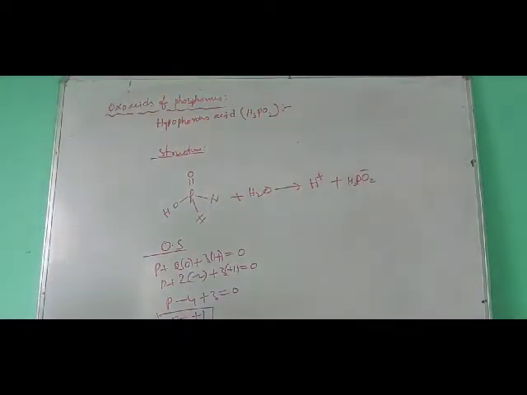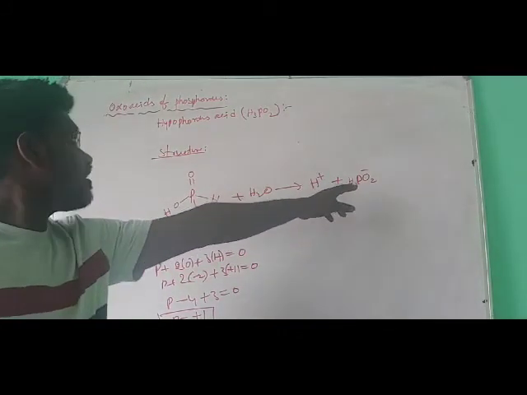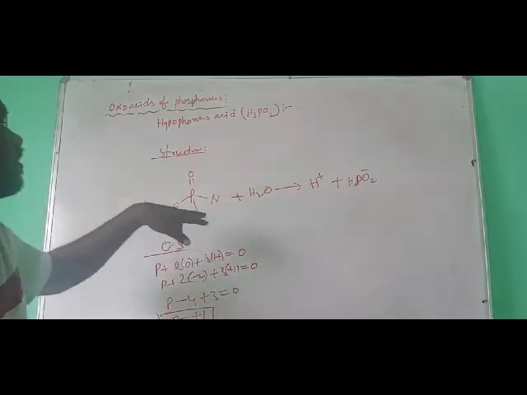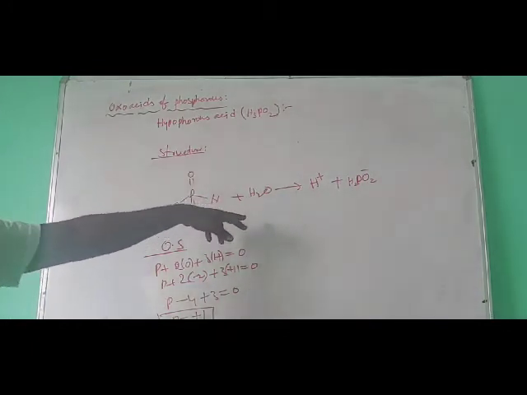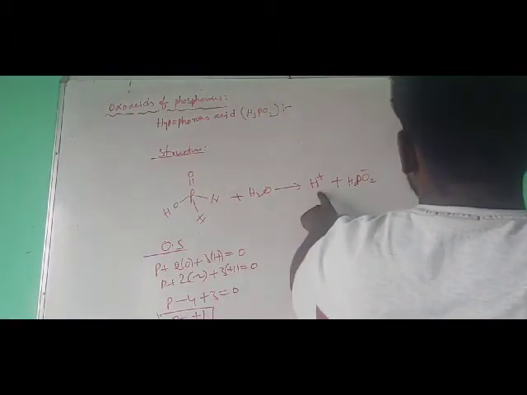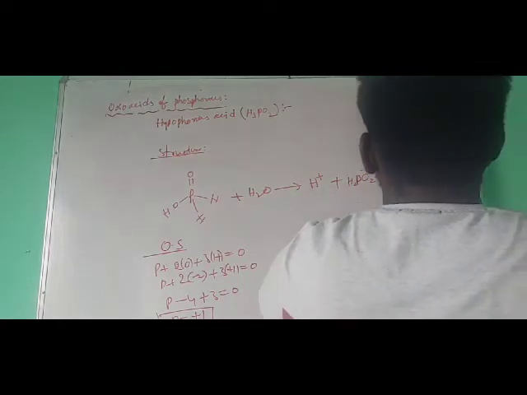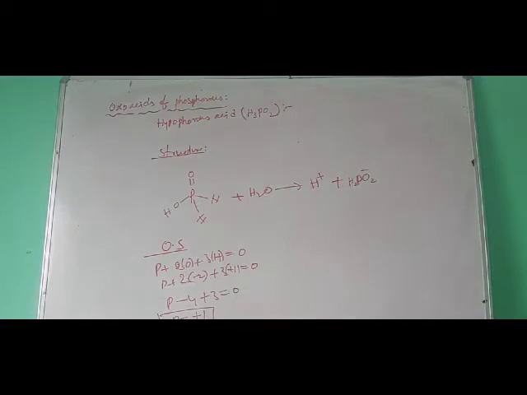So this is the hypophosphite ion. When this hypophosphorus acid is dissolved in water, we get only one H plus ion. The rest of the anion is H2PO2 minus, which is known as hypophosphite.